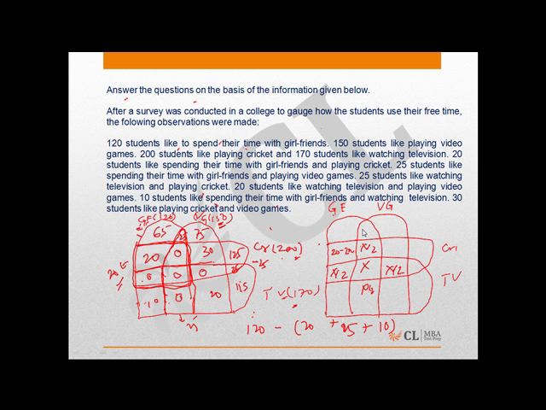Similarly, this will be 25 minus x, this 2x rather, this will be 30 minus 2x, and this 25 minus 2x, this will be 20 minus 2x, and finally this will be 10 minus 2x.